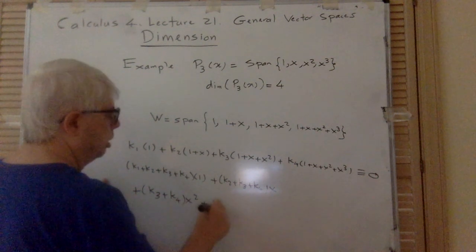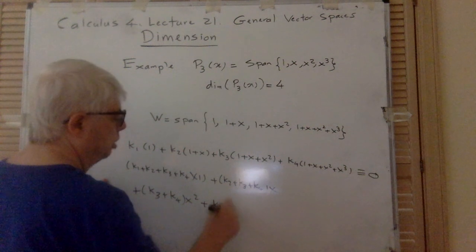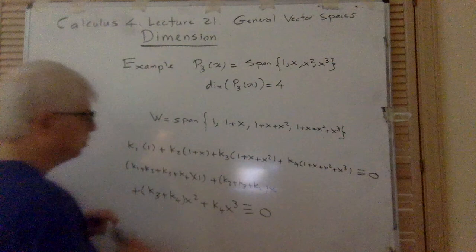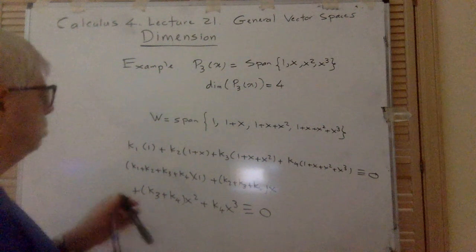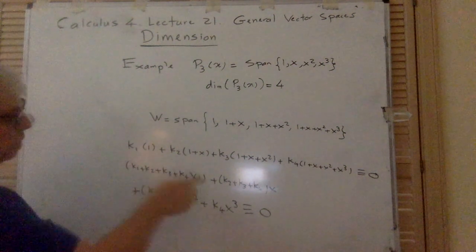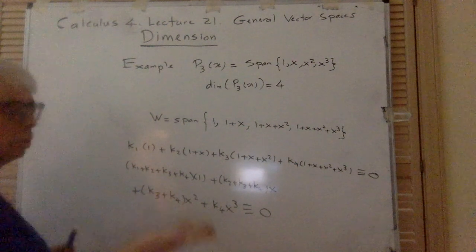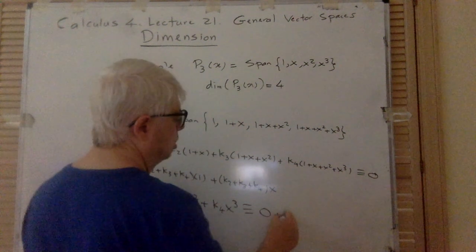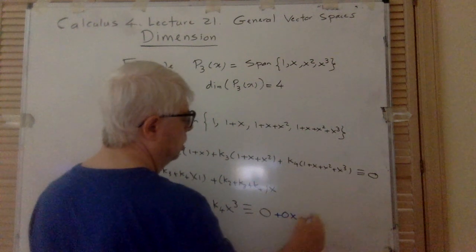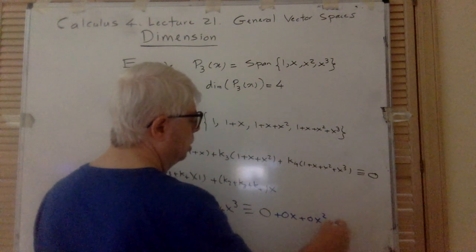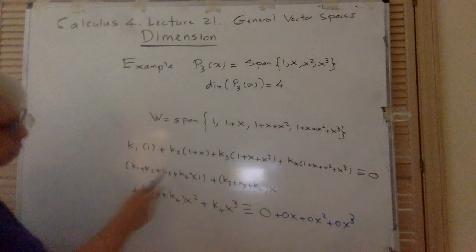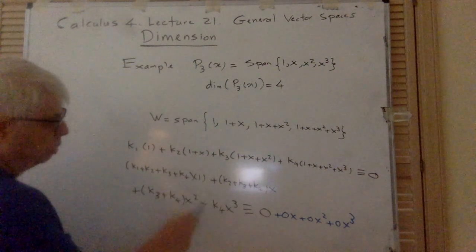Plus k4 simply times element x cubed. And this is the same as 0. So it means that the coefficients of this polynomial on the left should be all 0, because the 0 polynomial is 0 plus 0x plus 0x squared plus 0x cubed, right? So this should be 0, this should be 0, this should be 0, and this should be 0.